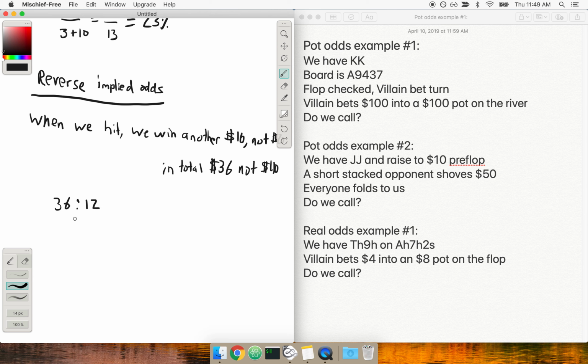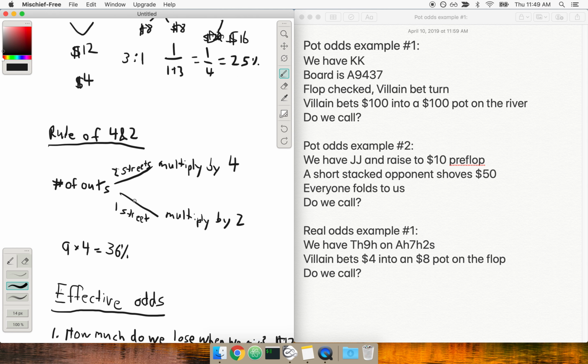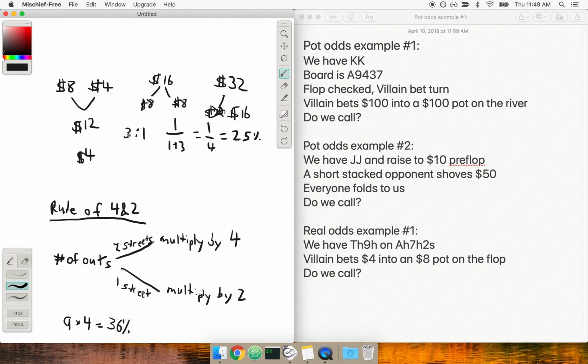Okay, so now this reduces to 3 to 1. And how funny is that? That's exactly what we started with, the pot odds. And that's going to mean that we need 25% equity. So just to show you, we started off with 3 to 1 pot odds, 12 to 4.